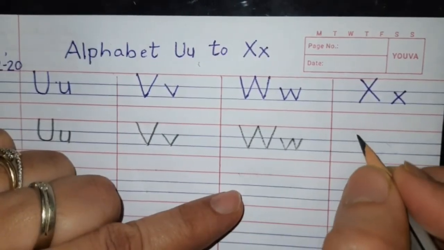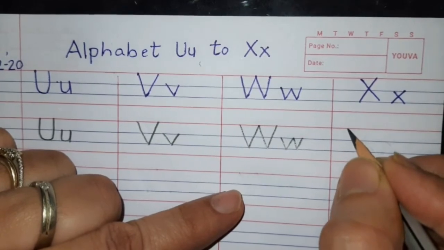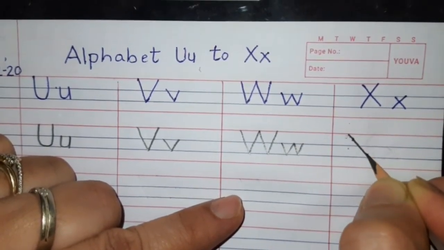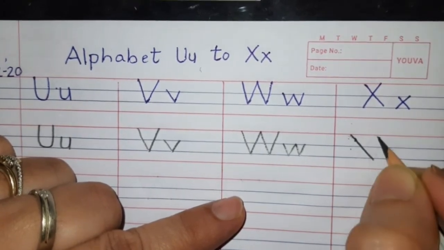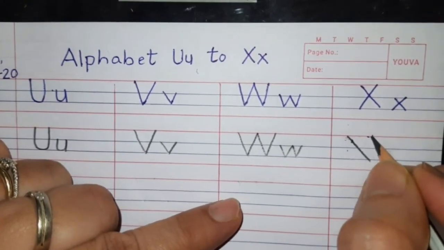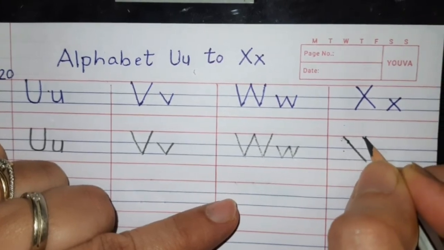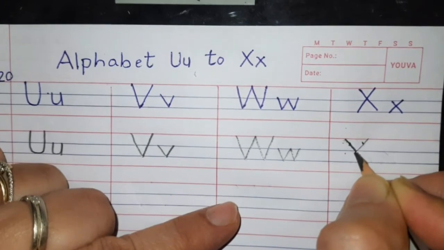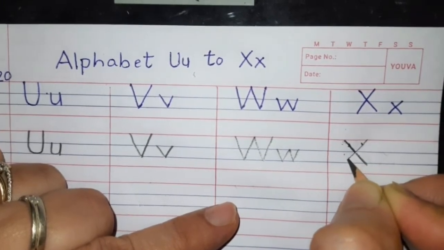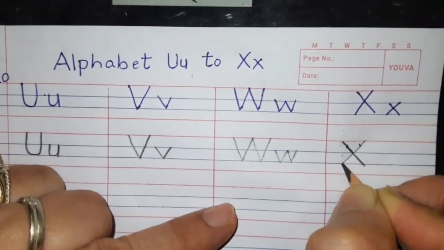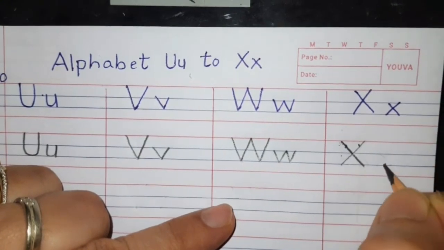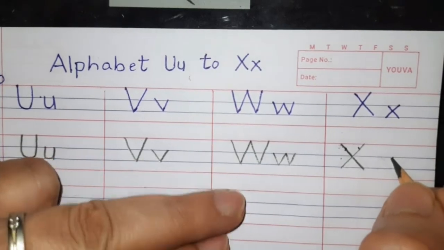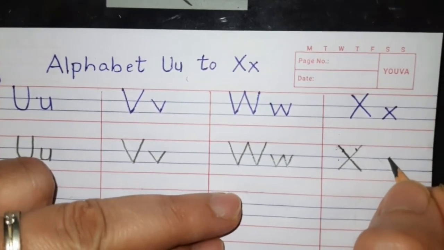Children, for capital X, you will start from the first red line, slant down, touch the second blue line, then again from the red line, slant down, cut the first slant down, come down slant and touch the second blue line, capital X. For small x, you will start from the first blue line.